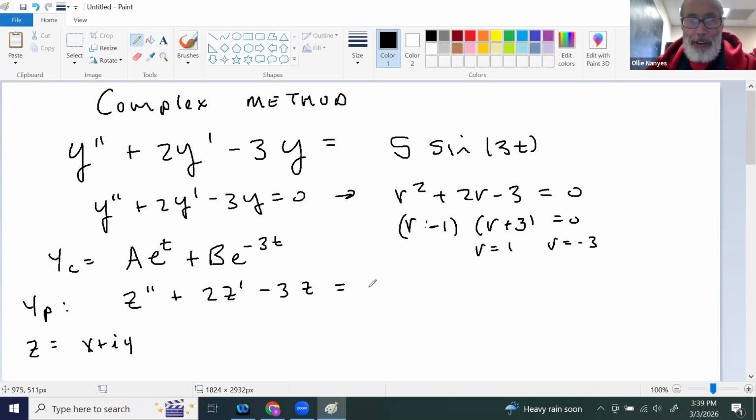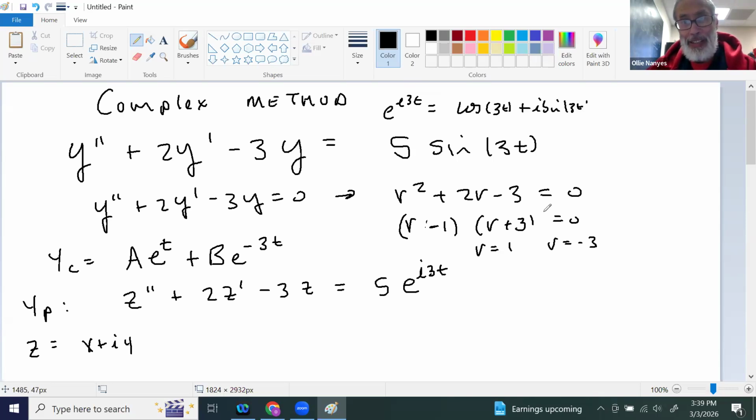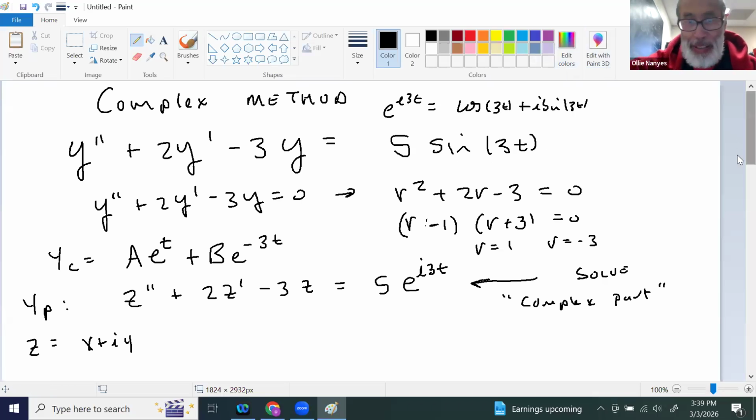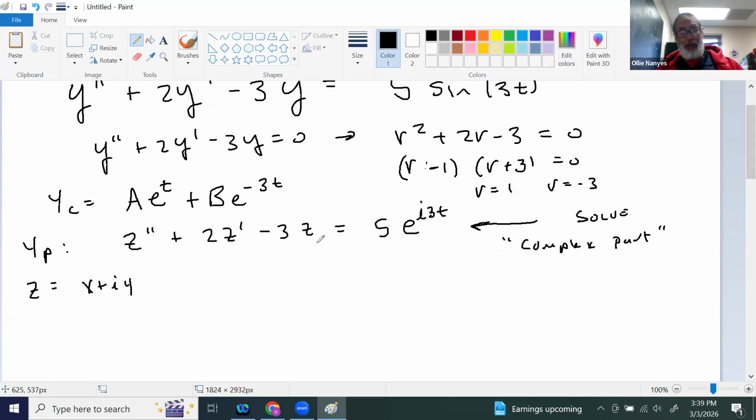Now let's use Euler's formula and write this as 5e to the i 3t. The reason we can do that is e to the i 3t is cosine 3t plus i sine 3t. So we're going to solve this and then take the complex part, the stuff that has an i. So we're going to take the complex part of this solution.